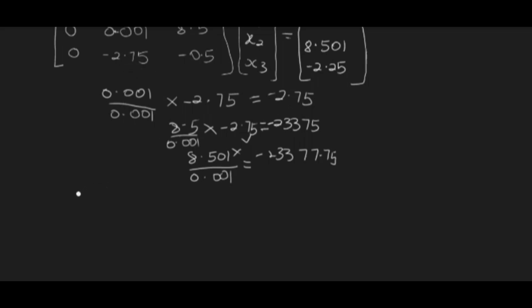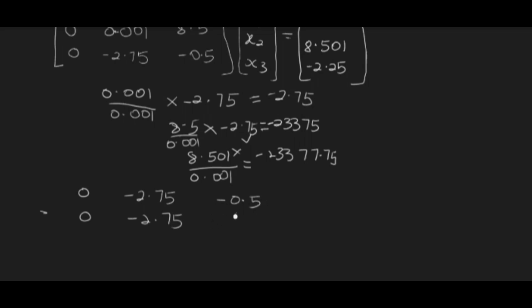So I'm going to have my entries 0, negative 2.75, then I have negative 0.5 minus, the first one is 0, negative 2.75.